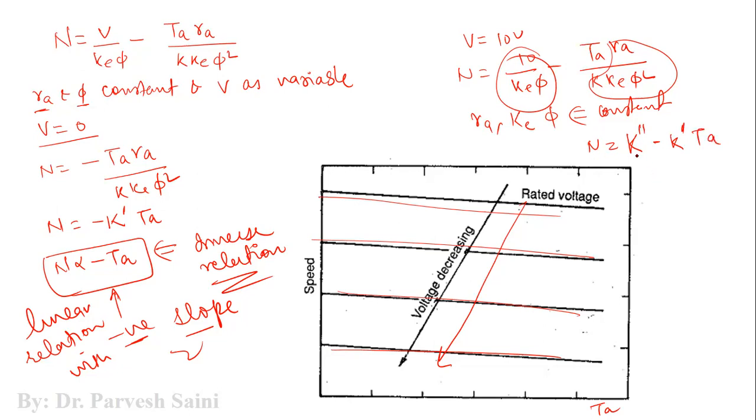Because we are increasing voltage, this factor will increase every time. With increase in armature torque, the speed will decrease, so we will have a negative slope because this factor will dominate the overall result. So we have a negative coefficient of the line. This is a linear relationship, but with negative slope.